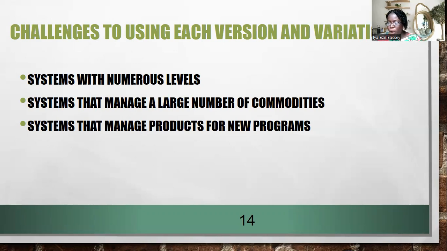That is also a problem. And then systems that manage products for new programs. So we can see that designing an inventory control system can get rather complicated, but it is essential in order to ensure your product availability.